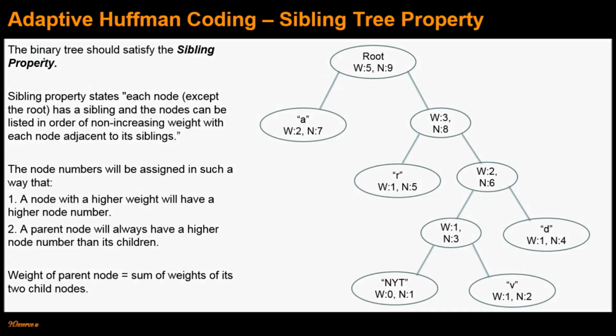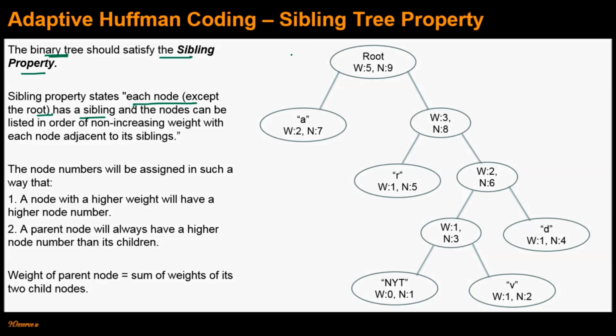In this algorithm, the binary tree that we are going to create must satisfy the sibling property. So what is the sibling property? This property states that each node except the root node has a sibling.